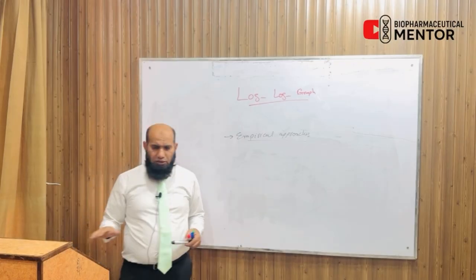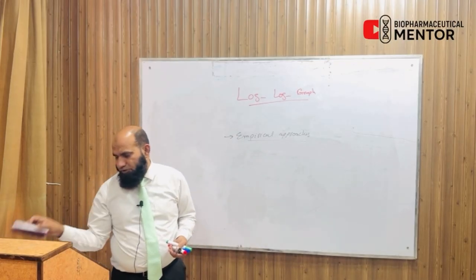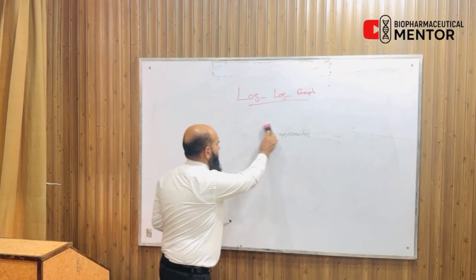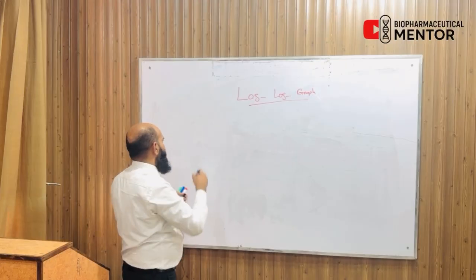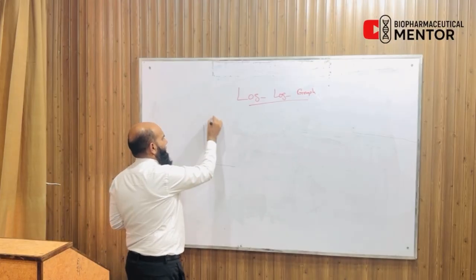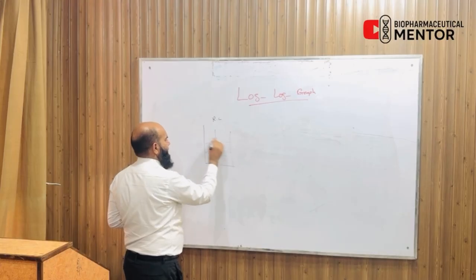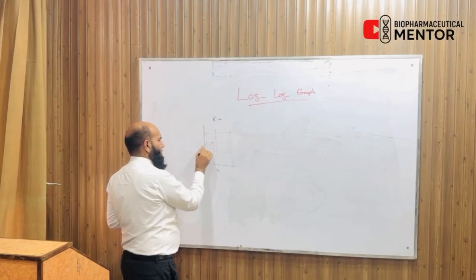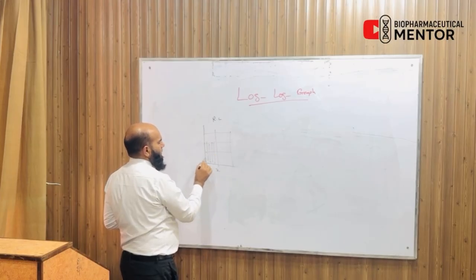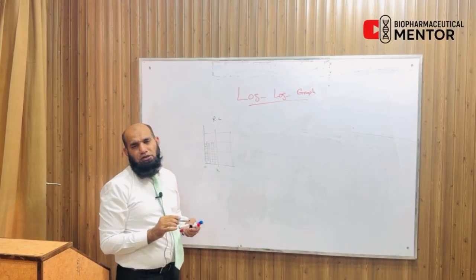Okay, let's start with the log graph and its construction. First, I will show the difference between the three graphs. In rectilinear, we had equal boxes: big boxes at 0 and 2, with equal small boxes on the y-axis as well as the x-axis.